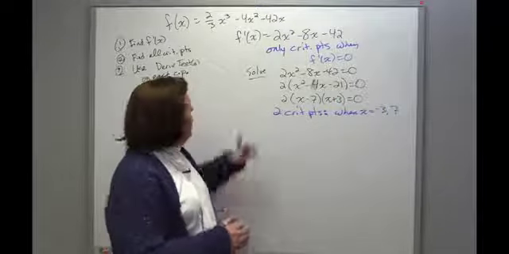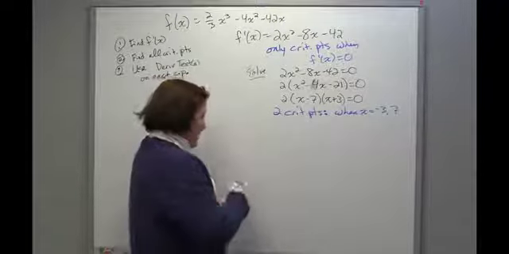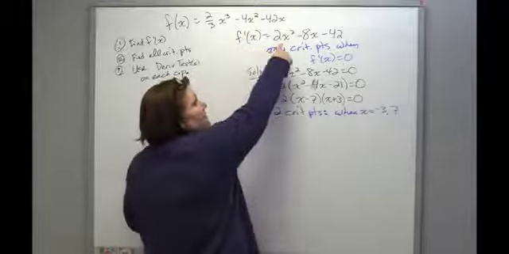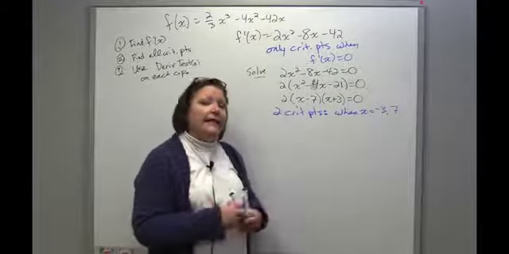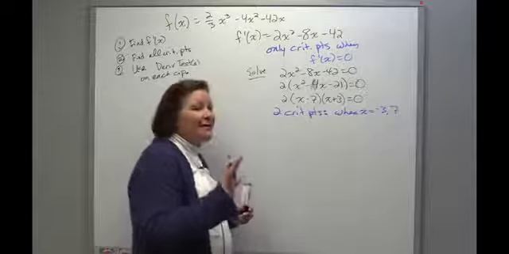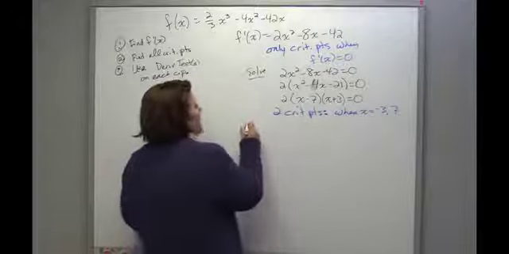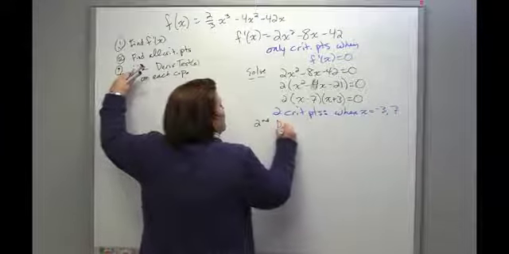And I said we're going to use the second derivative test. What's nice about the second derivative test for this one is the second derivative is fairly easy to calculate. There are going to be others where we won't want to do the second derivative. So now we're at the point of using the second derivative test.